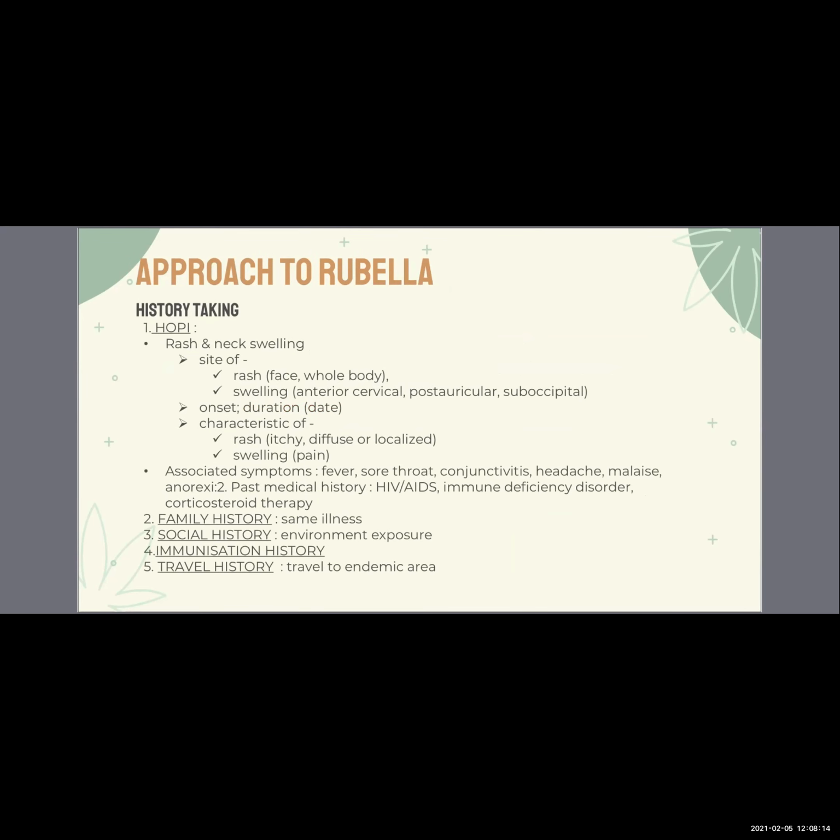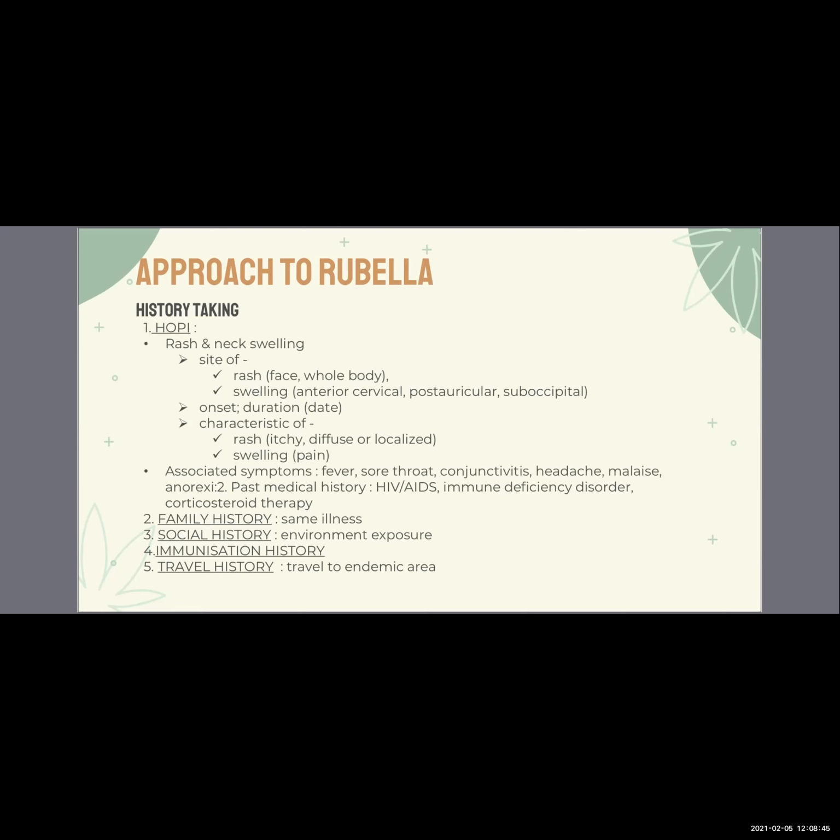How do we approach a patient with rubella during history taking? Usually the patient will present with rash and neck swelling, and then we ask for the site of the rash and the swelling. For the rash, does it involve the face or the whole body? For the swelling, the location, the onset and duration of symptoms, and the characteristics of the rash. Is it accompanied by itchiness, diffuse or localized, and swelling?